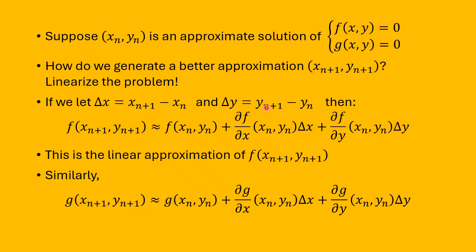Delta x and delta y, remember, are just the differences of the x coordinates going from xn to xn+1 and of the y coordinates going from yn to yn+1. So this is a linear approximation of the function f at these coordinates. Similarly, we could say that g of this is approximately equal to this stuff. It looks exactly like the equation up here, except we have all g's.